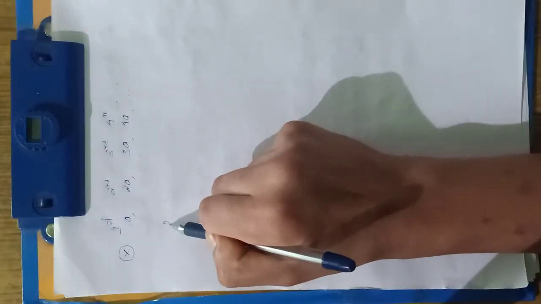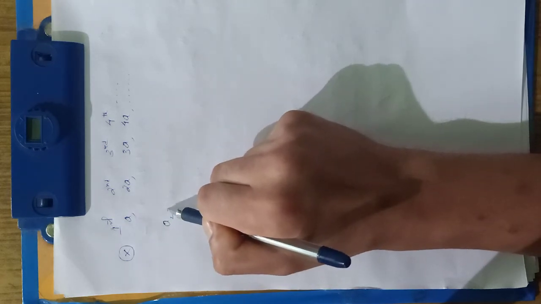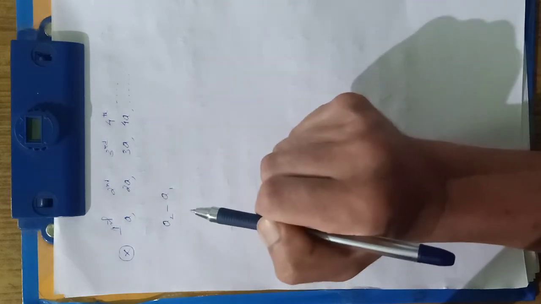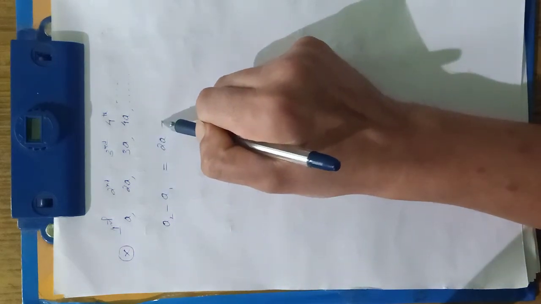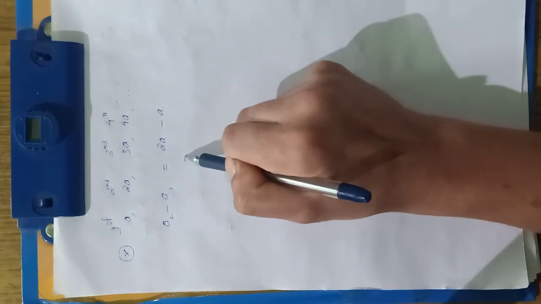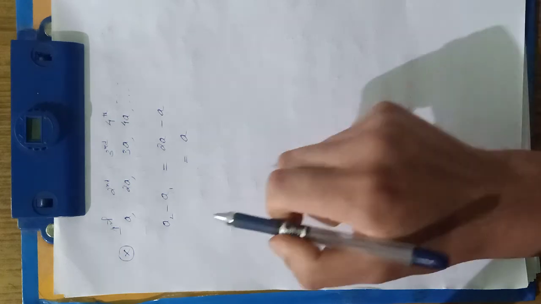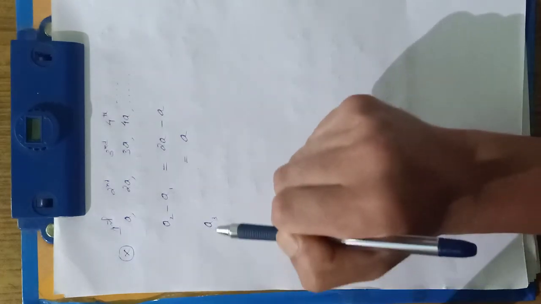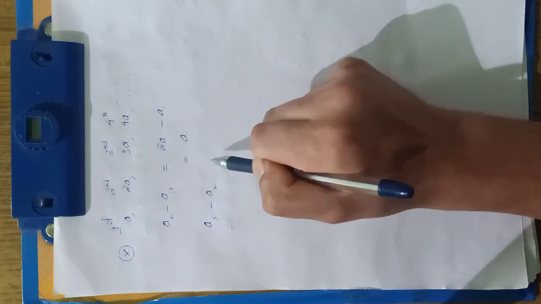Now, if we choose the second term, then with the second term, we have to subtract its preceding term, that is a1. The second term is given to be 2a, the first term is given to be a. Twice a minus a gives you 1a, or simply a. If we choose the third term, then we subtract its preceding term.